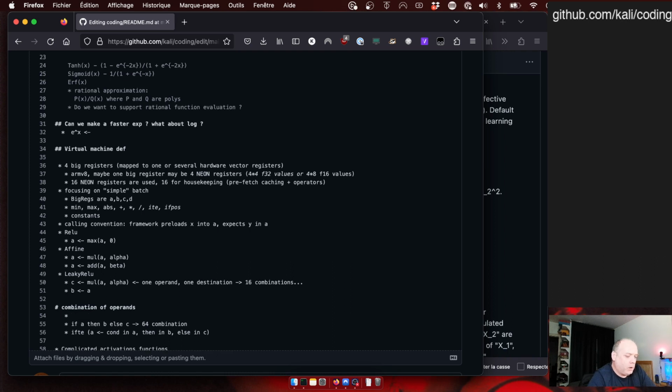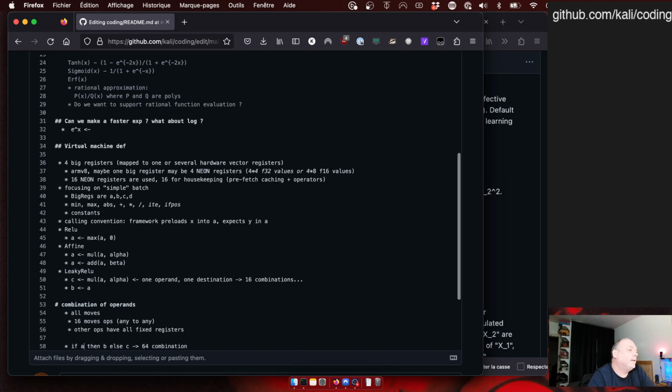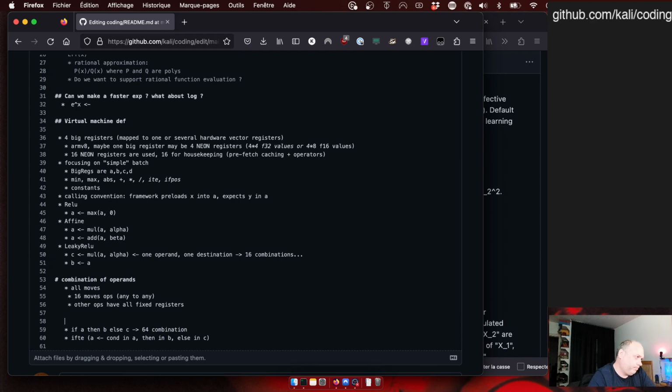So one option is to have 16 move ops plus fixed ones. Okay, let's see where we get. Let's not worry too much about combinations at this stage.